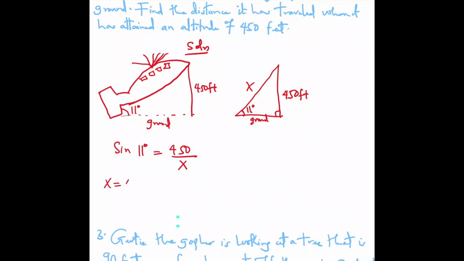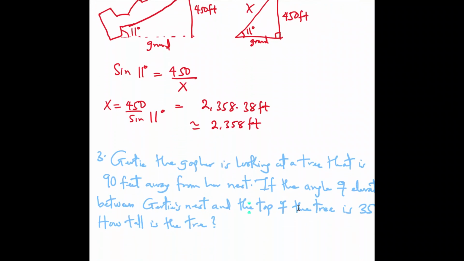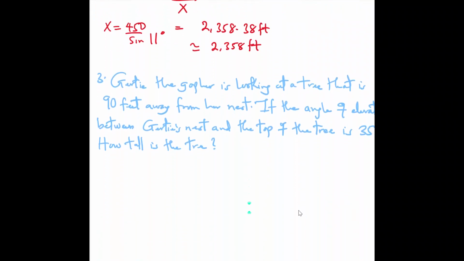If we cross multiply, x is equal to 450 divided by sine 11. That will be 2358.38 feet, so approximately 2358 feet. That's how much distance it has traveled when it attained an altitude of 450 feet.